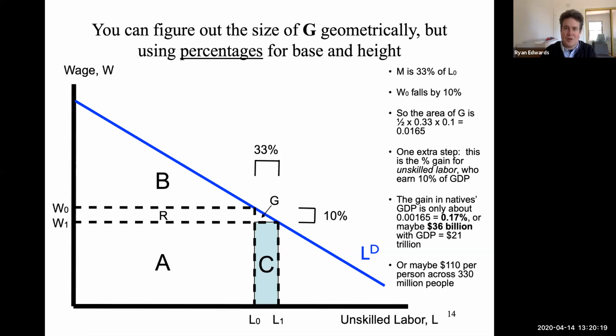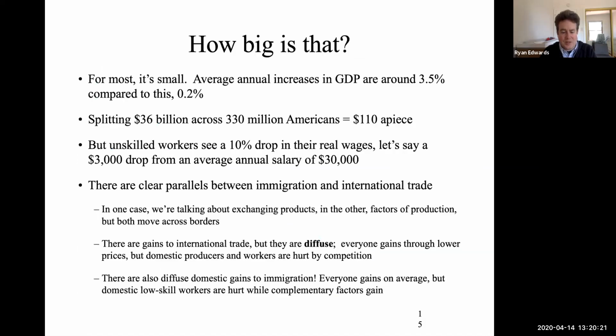Okay, so another slide looking at the context. For most, it's a small effect. Average annual increases in GDP are more like 3 or 3.5% growth, and compared to this, about 0.2% is fairly small. Yeah, the impact of climate change looks like this, I think, in the medium term.